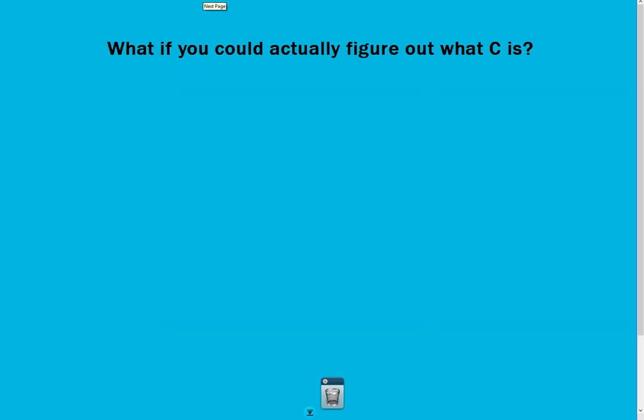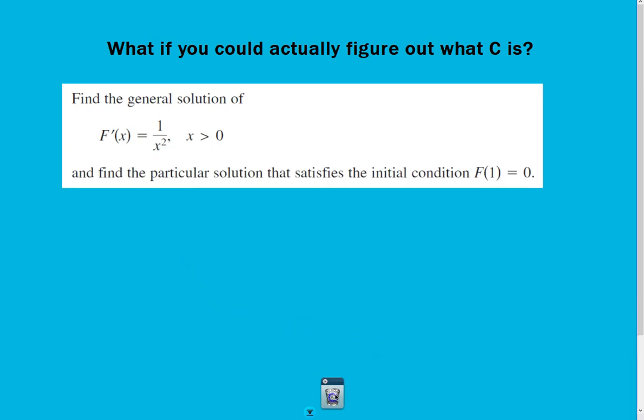So cool. But what if you could actually figure out what c is? Well, how do I do that? Hopefully I have some information here. Find the general solution of that and the particular solution that satisfies the initial condition f of 1 equals 0.